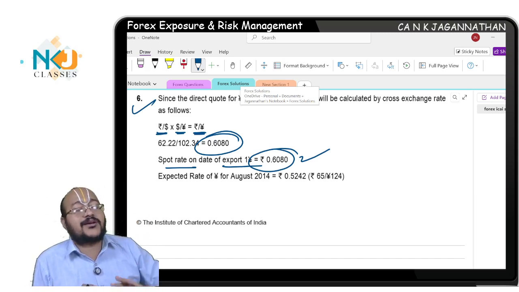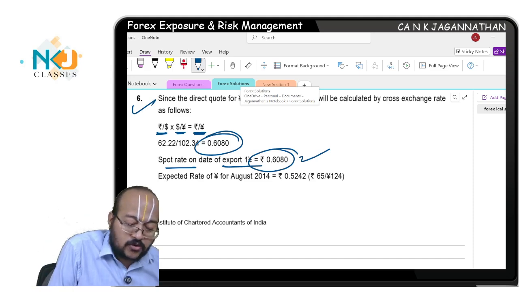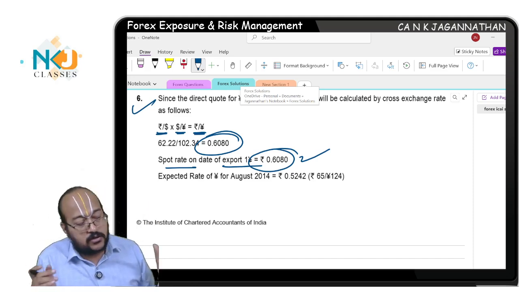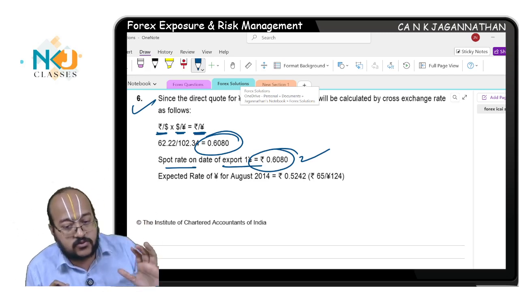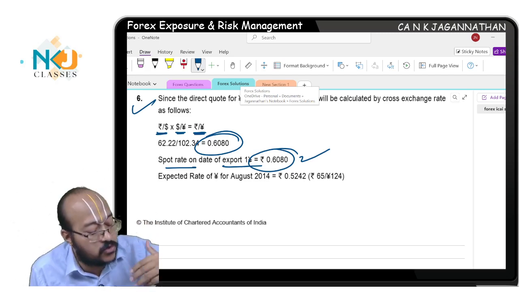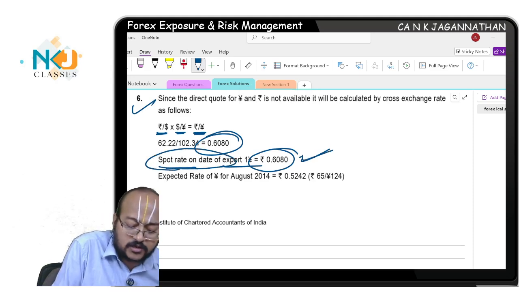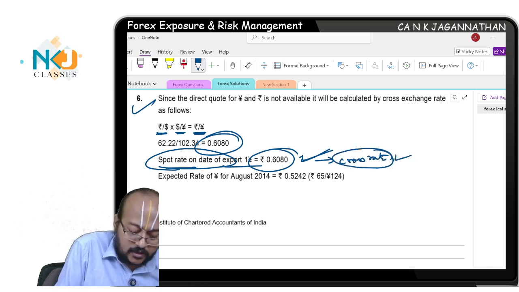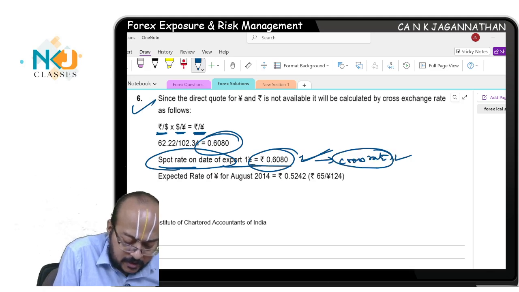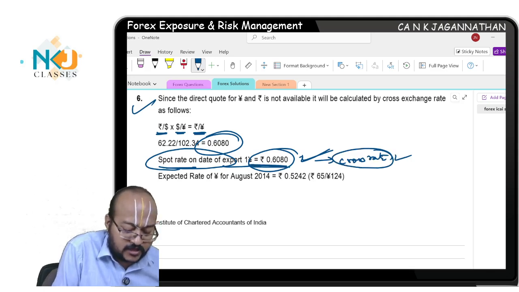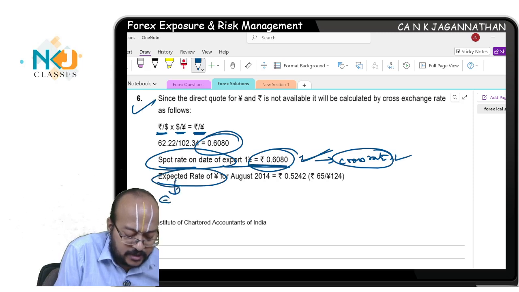First, we will convert everything. All 4 are given for different currencies, so use the common currency and convert to the cross rate first. For the spot rate on the date of export, this is the cross rate: rupee per yen is 0.6080. Next, the expected rate, which is the estimated rate.